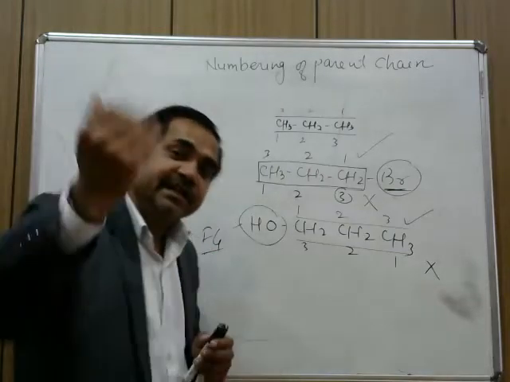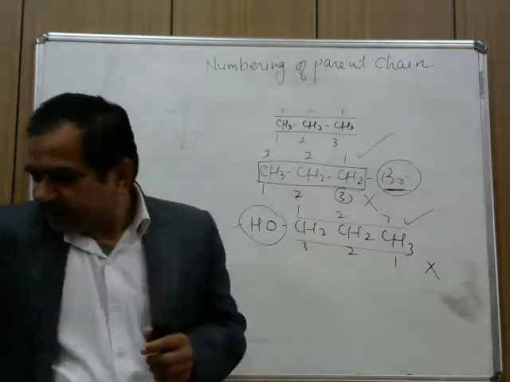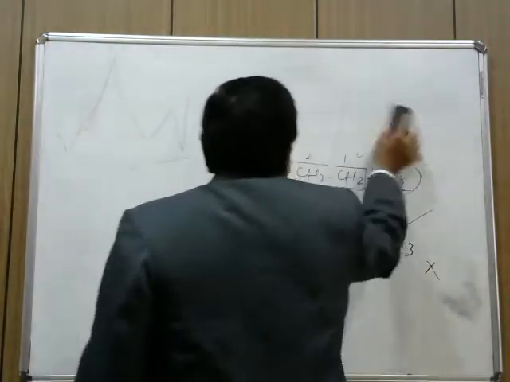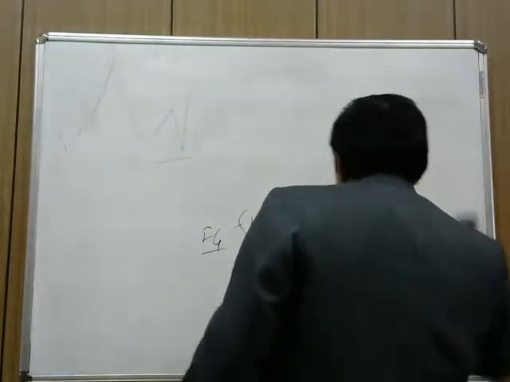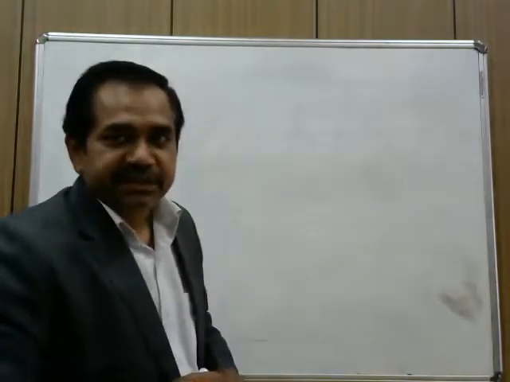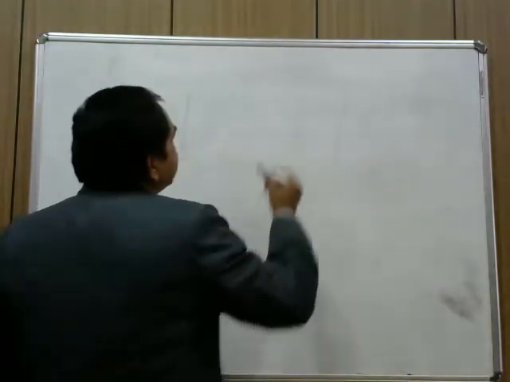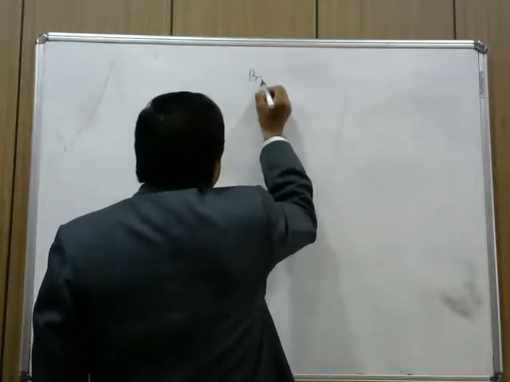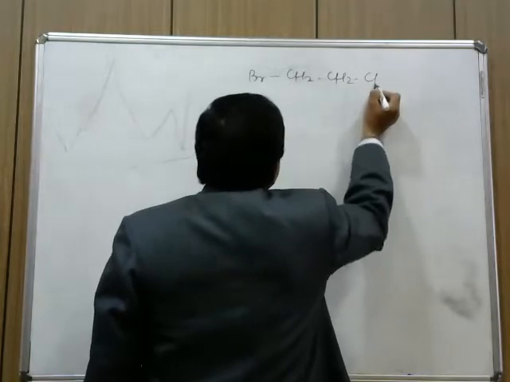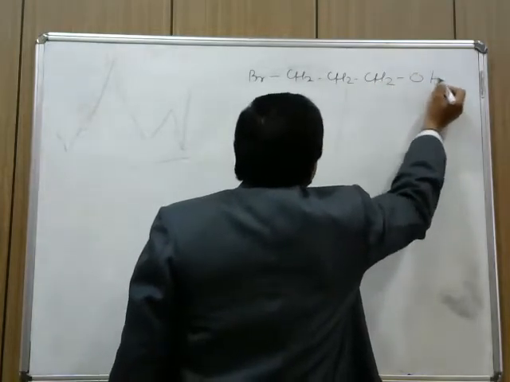Now there is another case in which a compound contains both. It contains a functional group as well as a substituent. Say, for example, a compound like this: CH3, CH2, CH2, CH2 and OH.